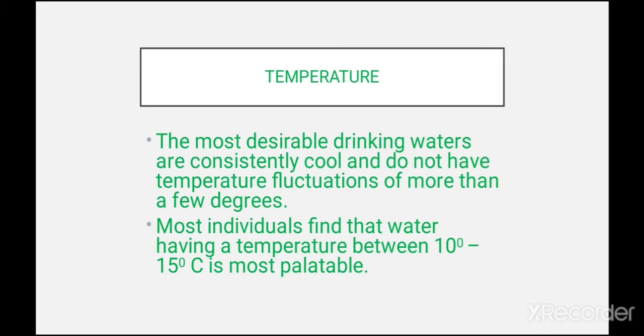Now, temperature. Good drinking water should not have any fluctuations in temperature, and generally 10 to 15 degrees centigrade is accepted as a normal temperature value for potable water.